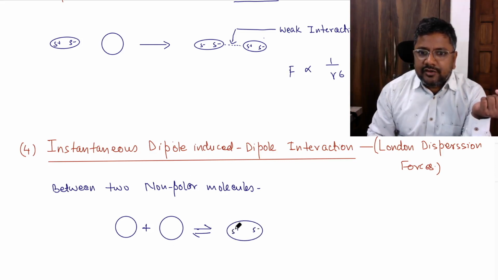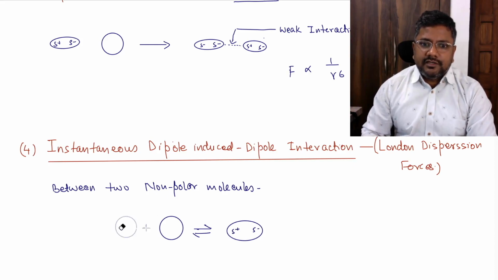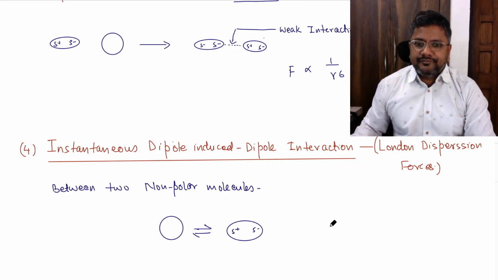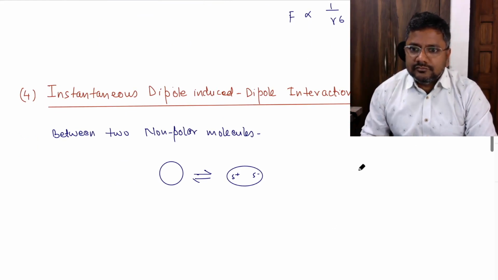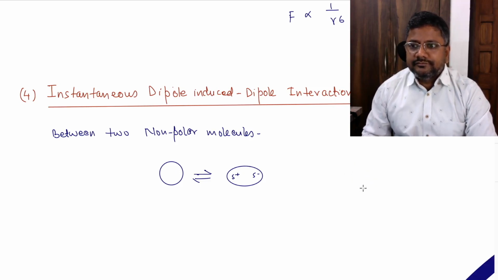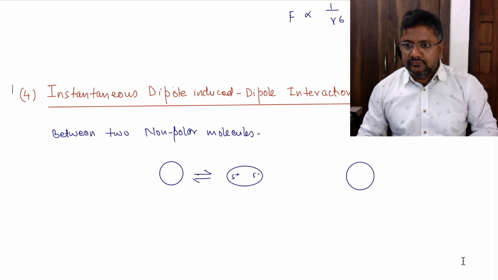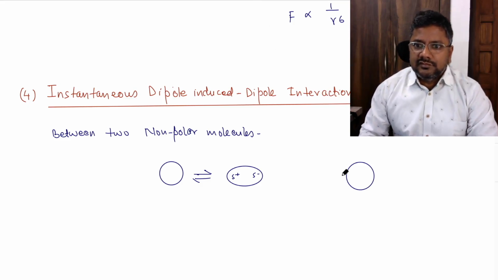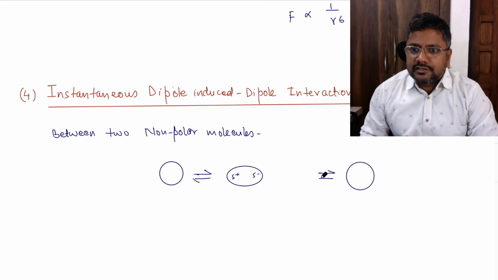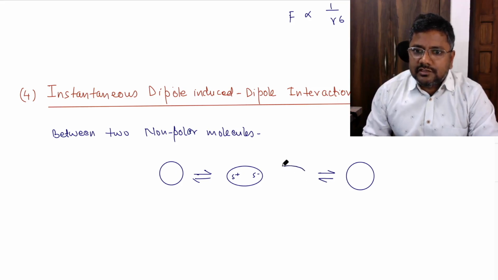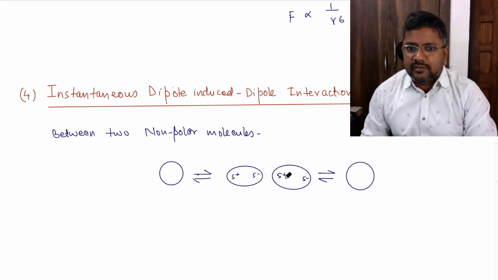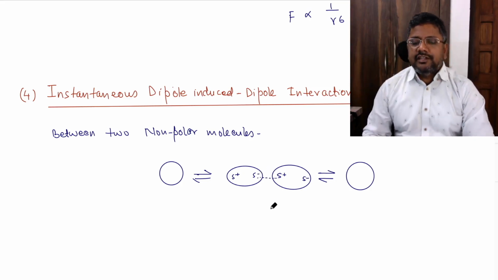Delta negative, delta positive, and this is another non-polar molecule, so this polarity will be induced, and in the next moment this is again non-polar. So here there is some interaction.